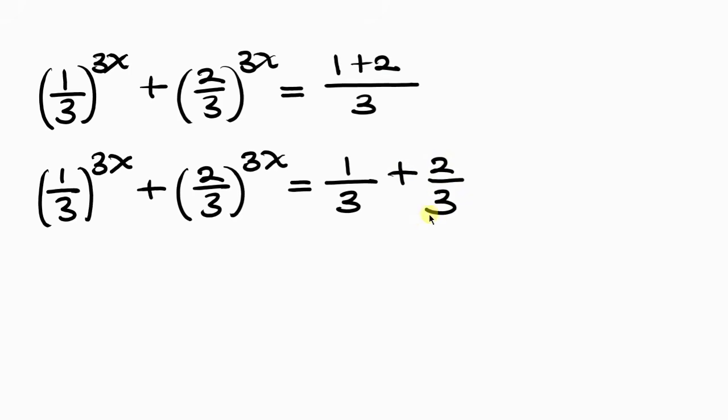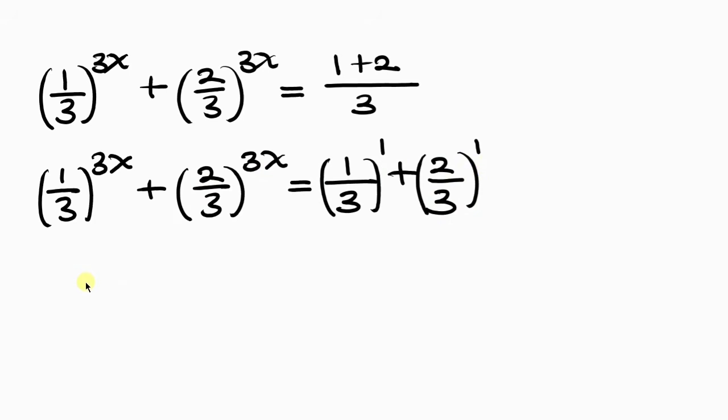Very good. Now notice that 1 all over 3 has a power of 1, and the same thing here, 2 all over 3 has a power of 1. Now we can compare. On comparing, you see that 1 over 3 has a power of 3x on the left, and the one on the right has a power of 1. 2 over 3 has a power of 3x, and the one on the right has a power of 1.